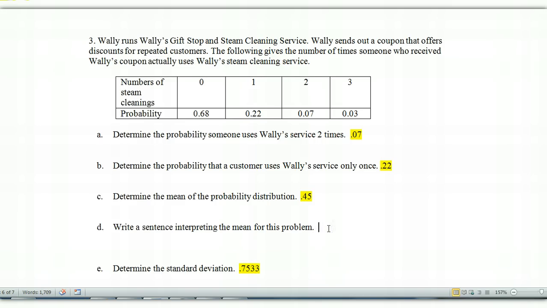Now interpreting the mean with a sentence. Remember, the mean is expected value.